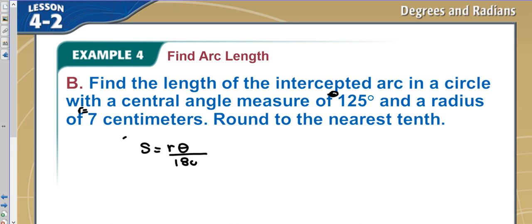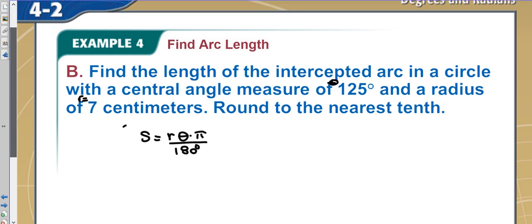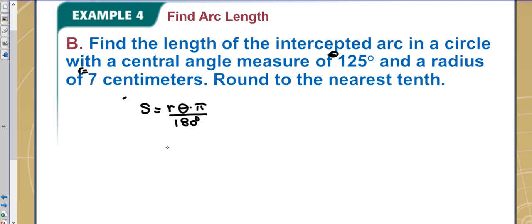So I'll divide by 180, and I'll multiply the top by pi. So plug in my values. I have a radius of 7 times 125 degrees, and I'm substituting, so I'll put this in parentheses, times pi, and I'll divide all by 180 degrees.